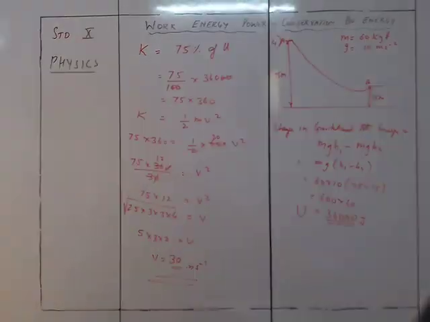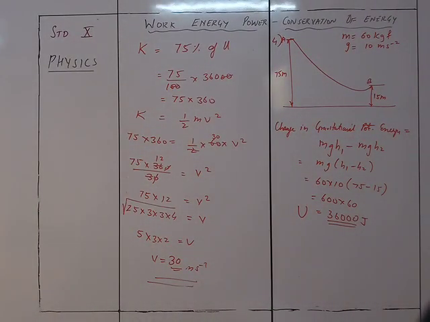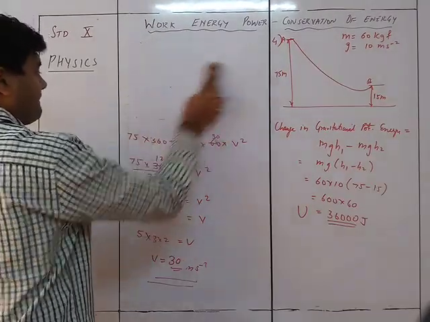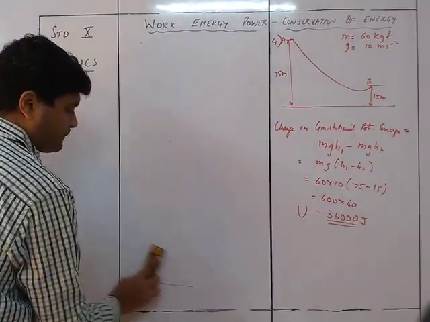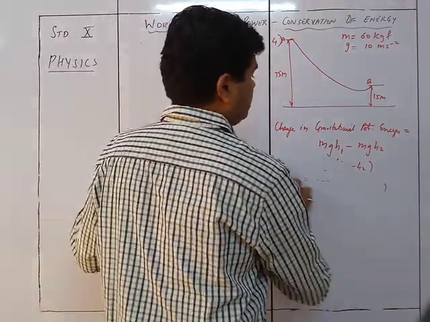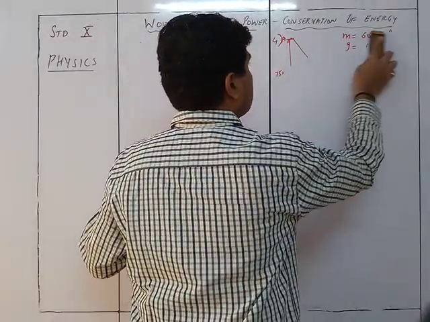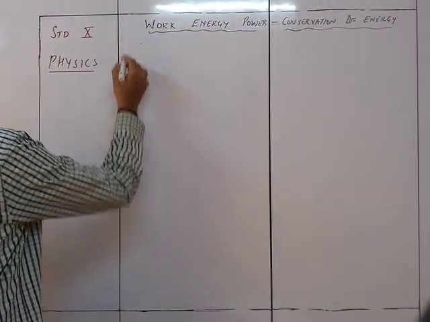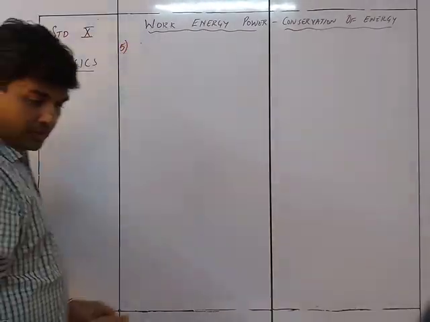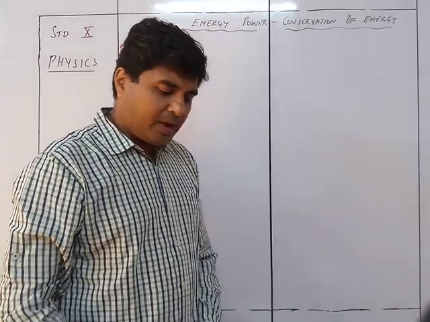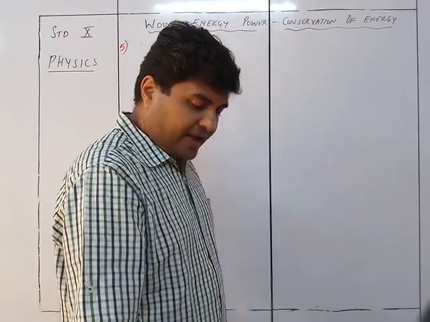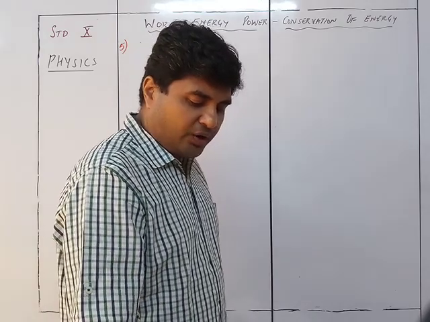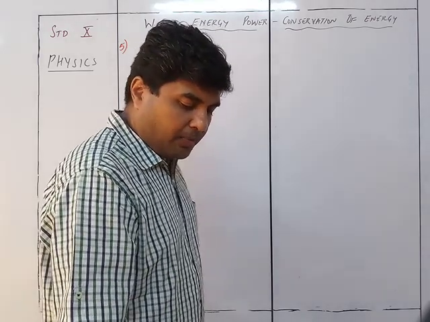We now move on to sum number 5. Okay, sum number 5. A hydroelectric power station takes its water from a lake whose water level is at a height of 50 meters above the turbine.